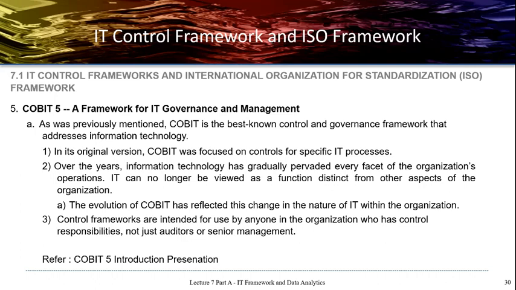It can no longer be viewed as a function distinct from other aspects of the organization. The evolution of COBIT has reflected this change in the nature of IT within the organization. The control framework is intended for use by anyone in the organization who has control responsibilities, not just auditors or senior management.